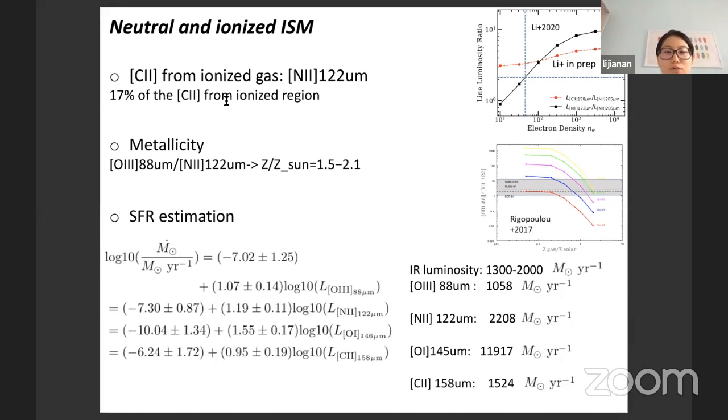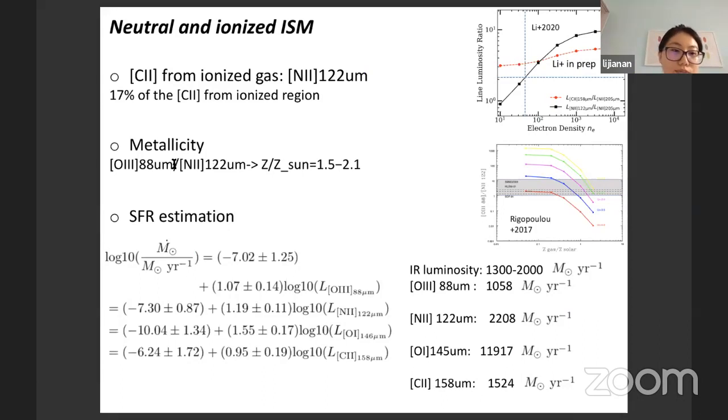So this is also in agreement with the lower ionized gas fraction derived from the line ratio analysis. And because the oxygen-3 to nitrogen-2 line ratio has a dependency on the metallicity, this line ratio can be used to estimate the metallicity.